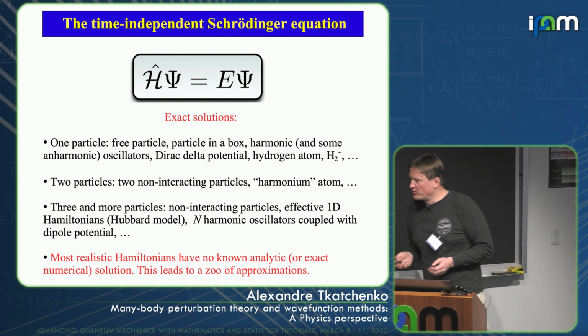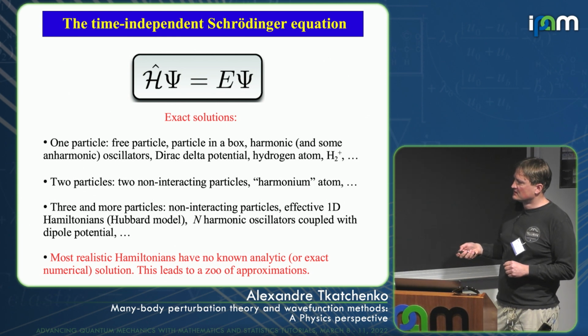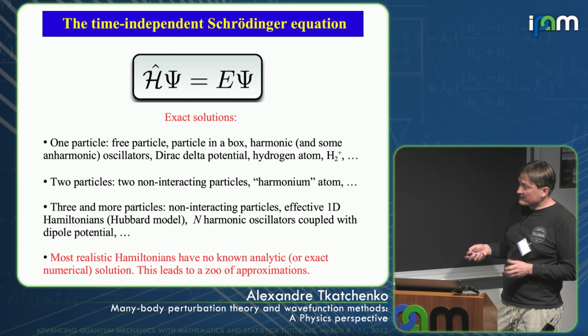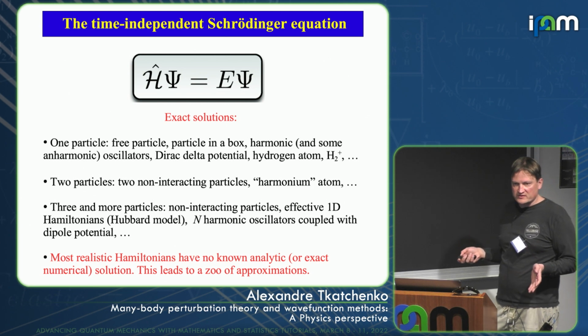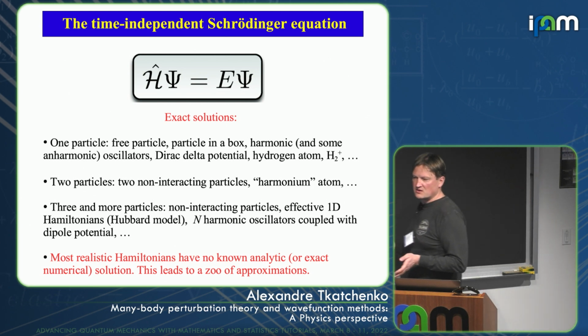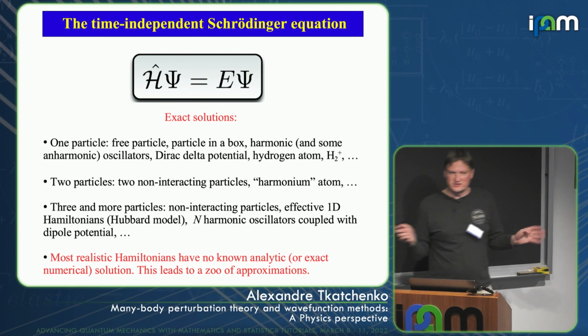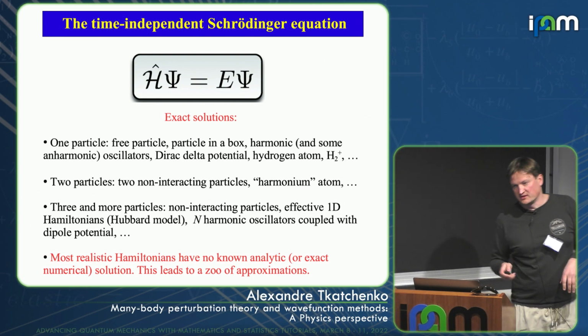When we go beyond two particles, we can once again solve the Schrodinger equation exactly for non-interacting particles, for effective one-dimensional Hamiltonians, for some versions of the Hubbard model. And, for example, we can solve the Schrodinger equation exactly for harmonic oscillators coupled with a dipole potential, for an arbitrary number of harmonic oscillators and arbitrary geometry of harmonic oscillators.